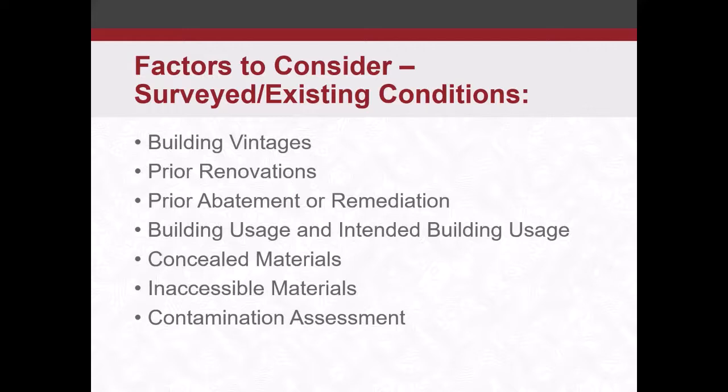Concealed materials. You may not fully assess concealed materials during a survey. You may have wet wall systems where you have insulation inside those. You're not going to tear the wall apart to get to those just to assess it. But at least in the design, you can say, okay, we're pretty confident, or it's going to be assumed, that we're going to have asbestos-containing insulation in those walls.